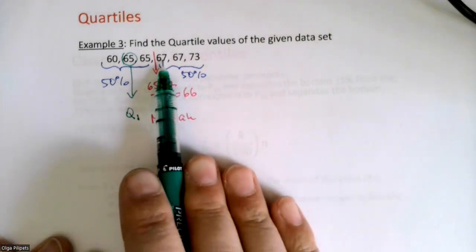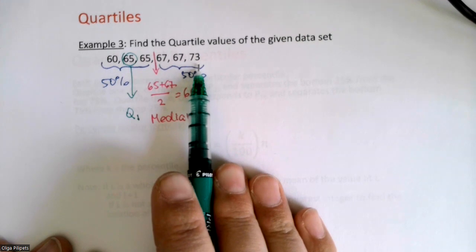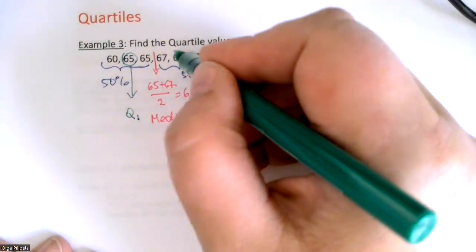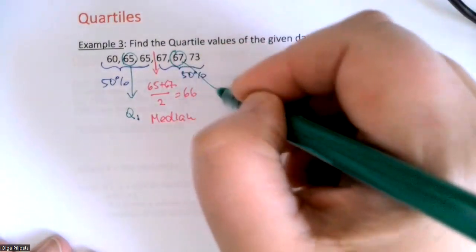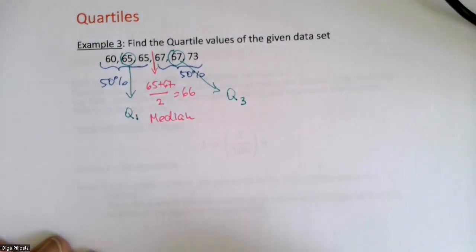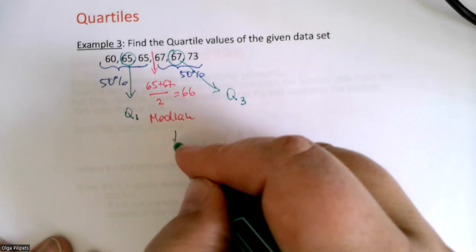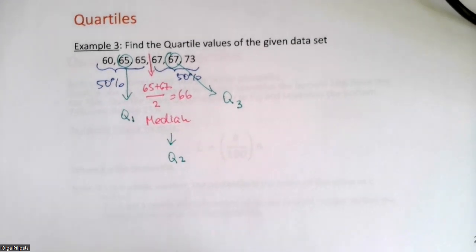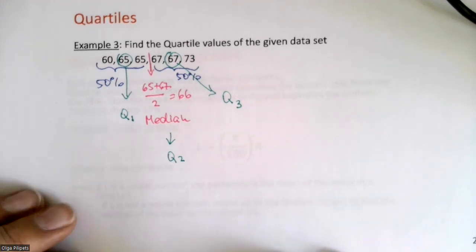Now if we divide the top half values, again, find the median for the top half, that's going to be, in our case, 67, and that value is called quartile 3 value. And the median, of course, is our quartile 2. Median or quartile 2, same thing. All right, so that's how we can divide our data set further into 4 parts.